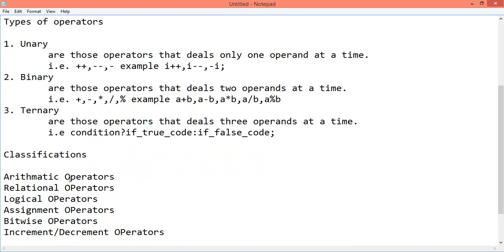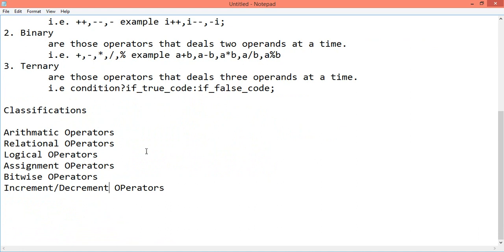These are the classifications of operators that we have to see. So what are arithmetic operators? These are those operators that deal with mathematical calculations: simple plus, minus, multiply, divide.